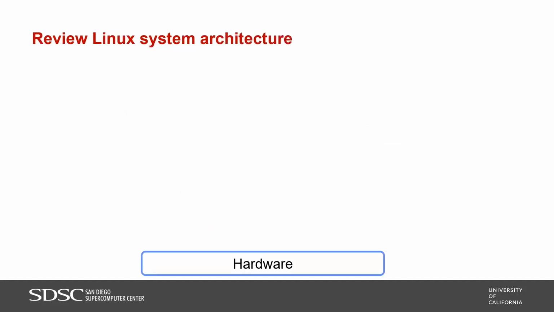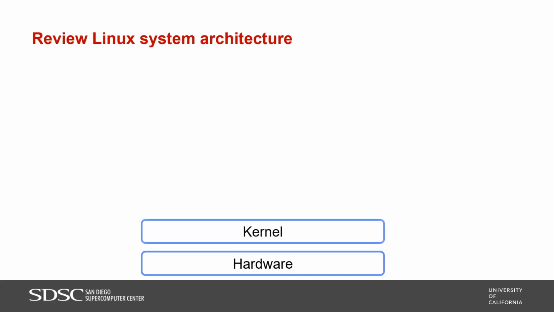So let's review the Linux system architecture to see how Singularity works. On every HPC cluster or every PC, there is hardware, of course. And above the hardware, there's a Linux kernel. The Linux kernel makes sure every piece of hardware is powered on, connected to each other, and functional.